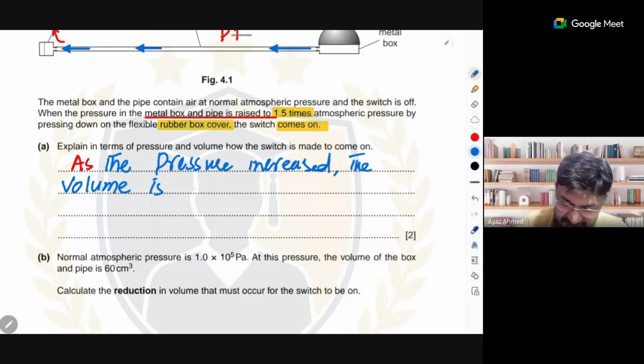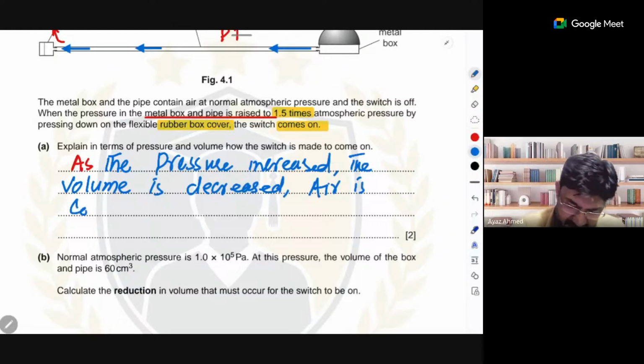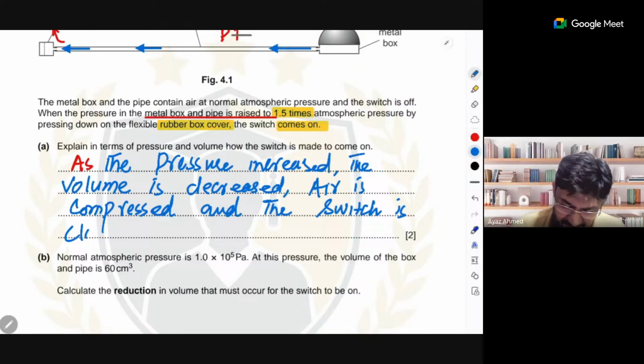Volume is decreased, that is, air is compressed, and the switch is operated. Our switch is closed.